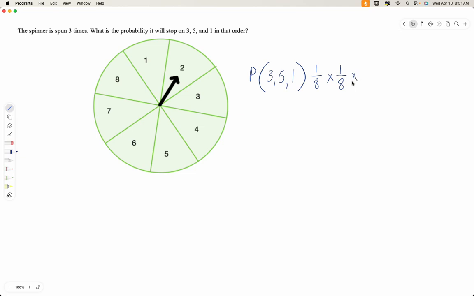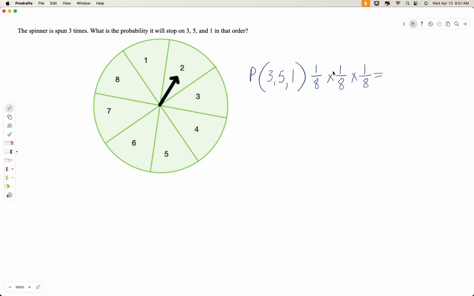Then we want it to land on 1. 1 is just 1 out of the 8 total spaces. This is our calculation to determine the chance that it will land on 3, 5, 1 in that order.